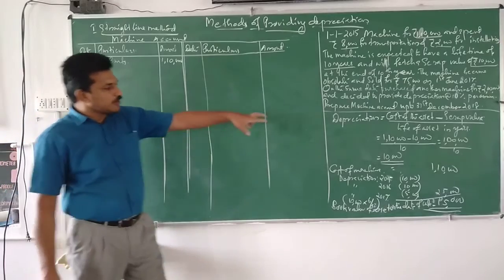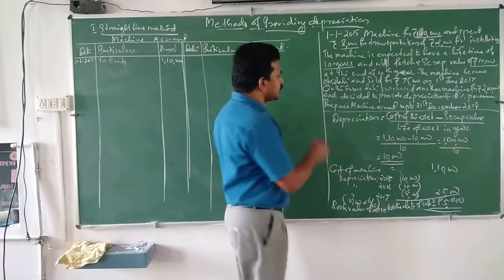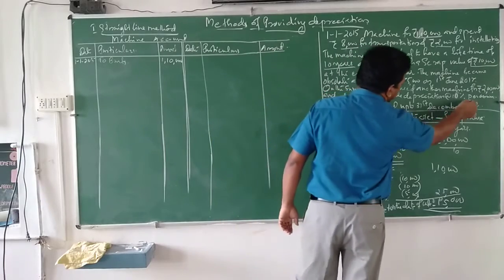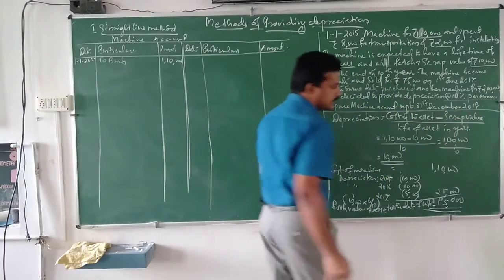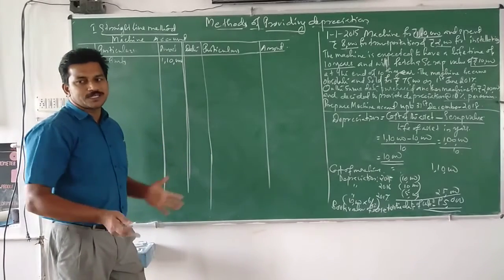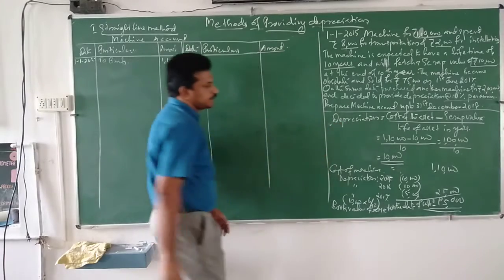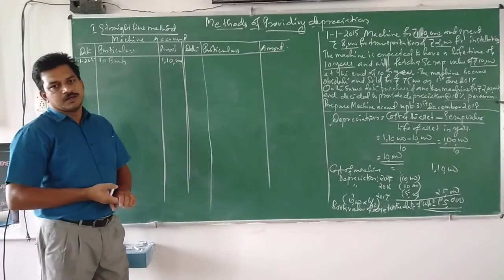Then we have calculated depreciation. Here you can see in the case of the second machine, depreciation is directly given, 10% per annum, 10% or 15%, whatever it is. If it is not directly given, we can calculate by following that formula.